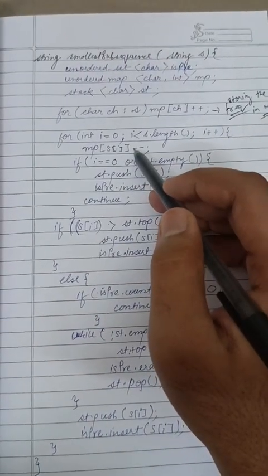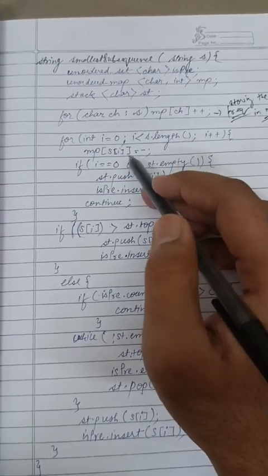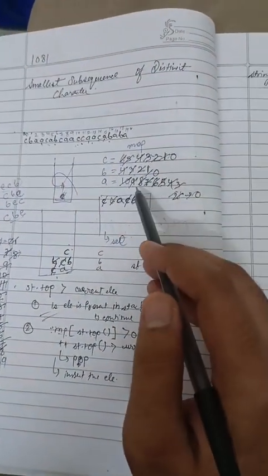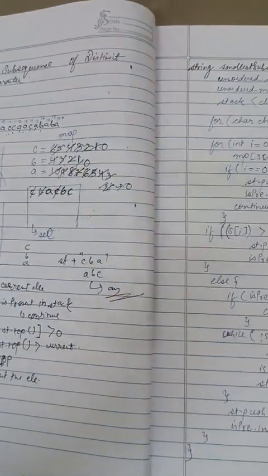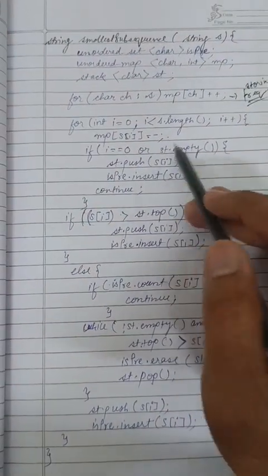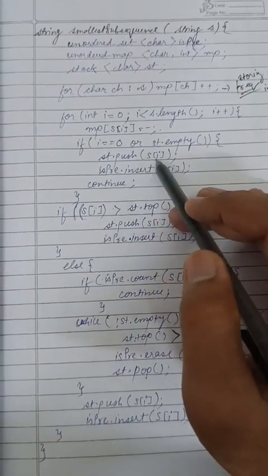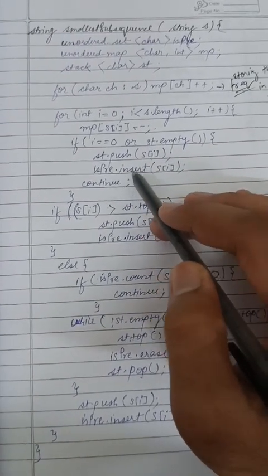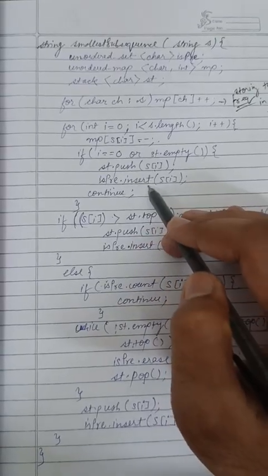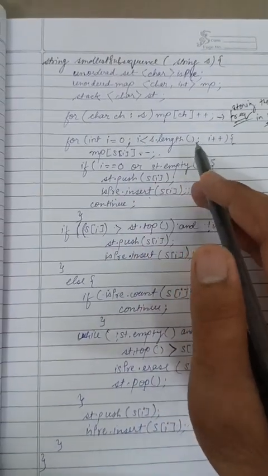The moment I iterate, I first decrease the frequency, as I was doing here. If it is the first element, I will simply push it into the stack, mark it as present inside the stack, and then continue.